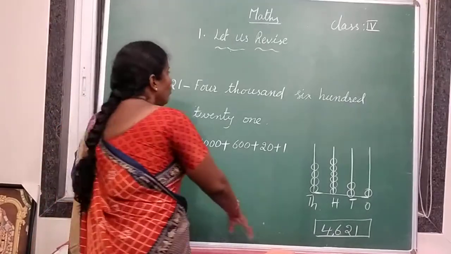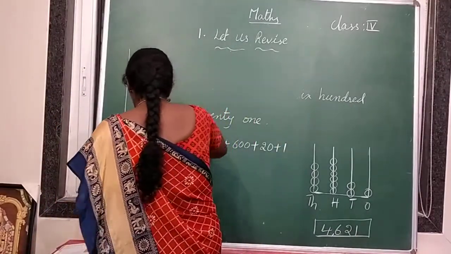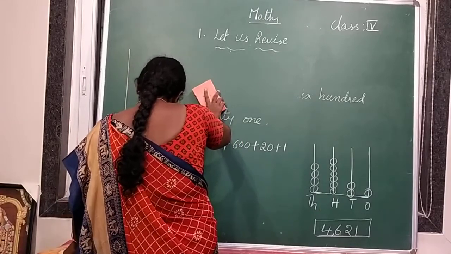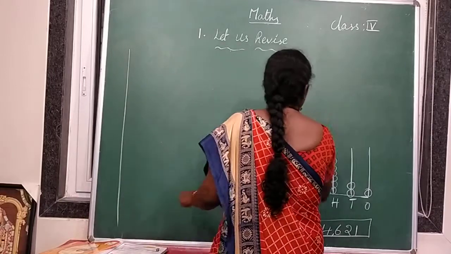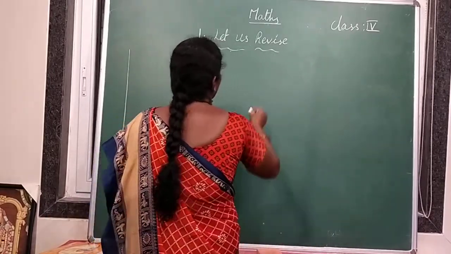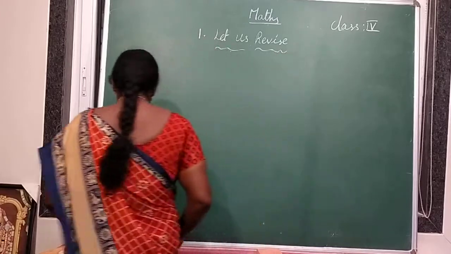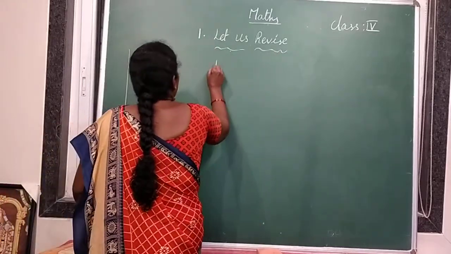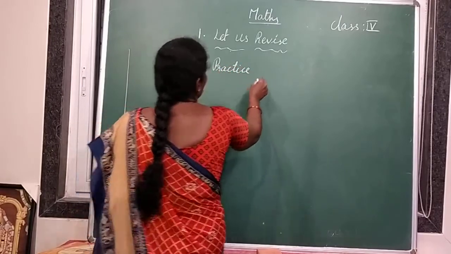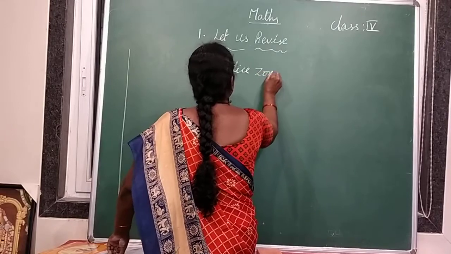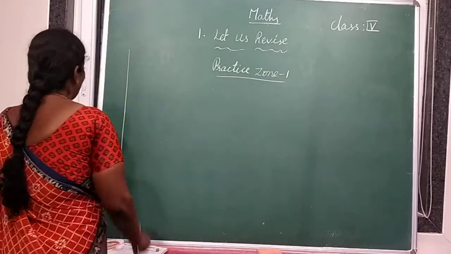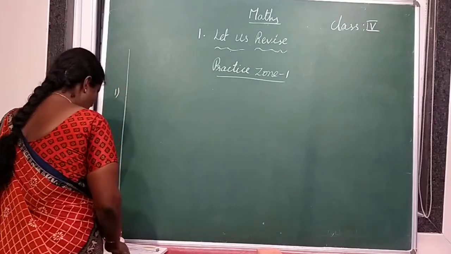Understood? So first, take out your classworks. All of you take out your content book and classworks. Enter practice zone 1. Write today's date. All of you write the date. And practice zone 1. First bit. Enter first bit in classwork.